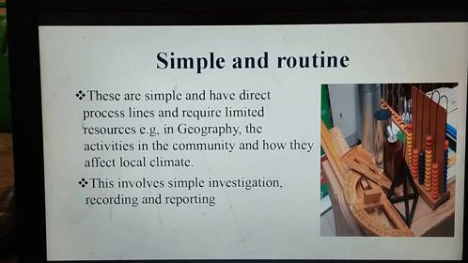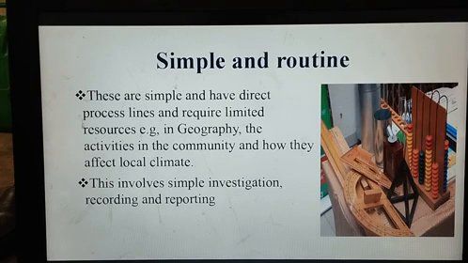So if we continue, these ones involve simple investigation, recording, and reporting. In other words, for you to come up with a project that is going to solve a given simple and routine problem, you need to make little analysis. You need to analyze, but not deeply.